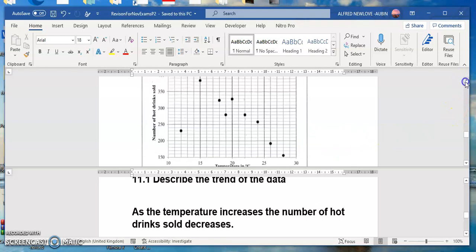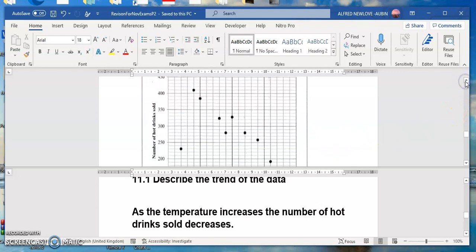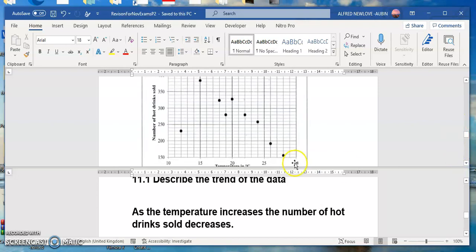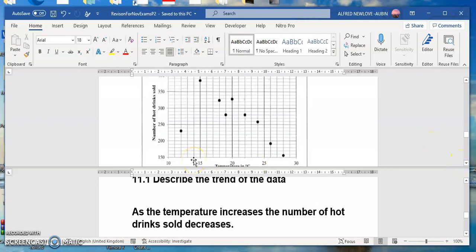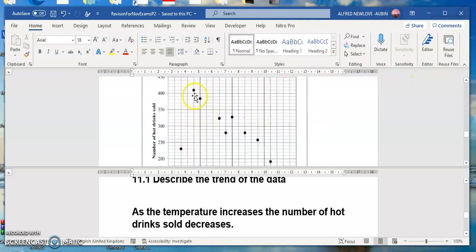Let's look at what we have at the top here. When the temperature increases to 14, the number of drinks also moves from 400 to 410. Alright, it increased at this place, but from there it changes.